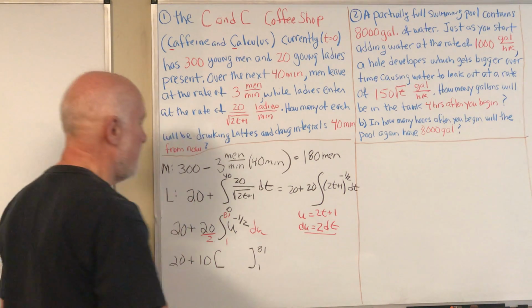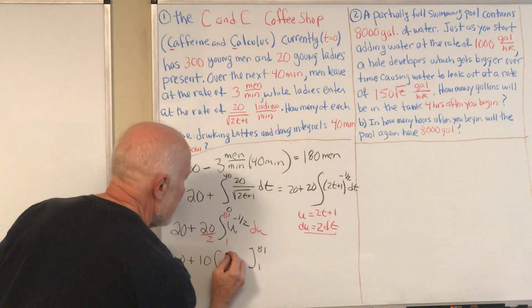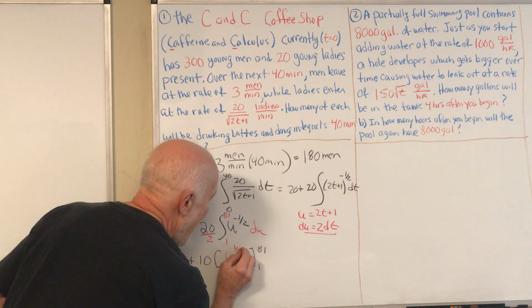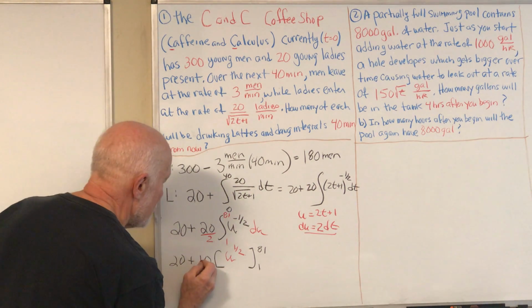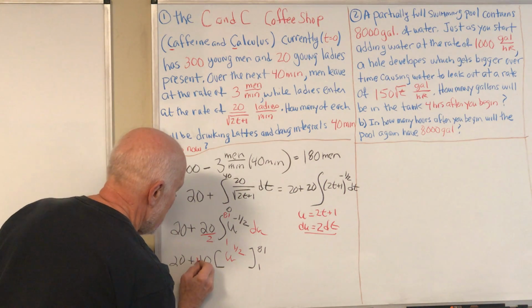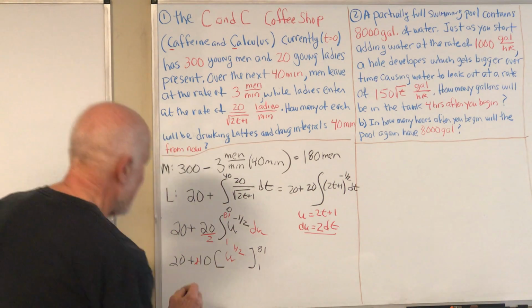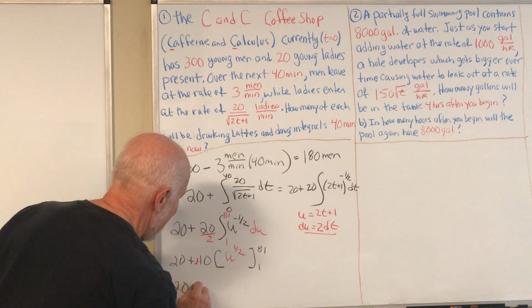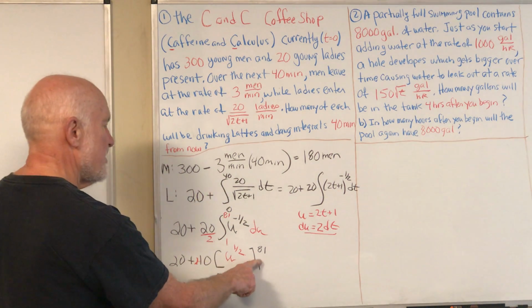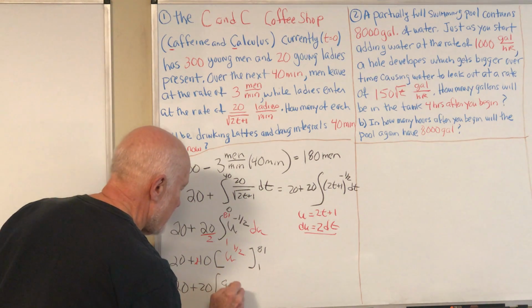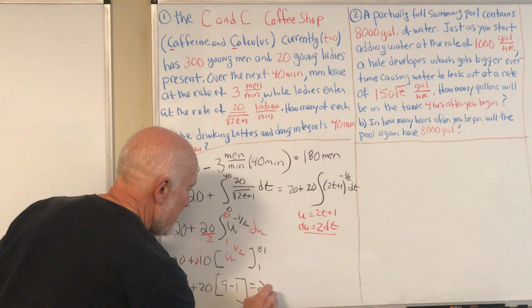And the antiderivative of u to the negative 1/2 is u to the positive 1/2 divided by 1/2, or times 2. So altogether we get 20 plus 20 times the square root of 81 minus the square root of 1.